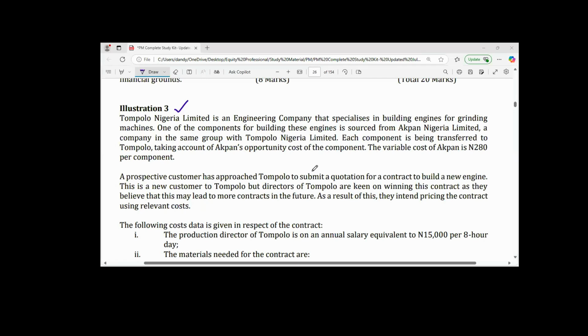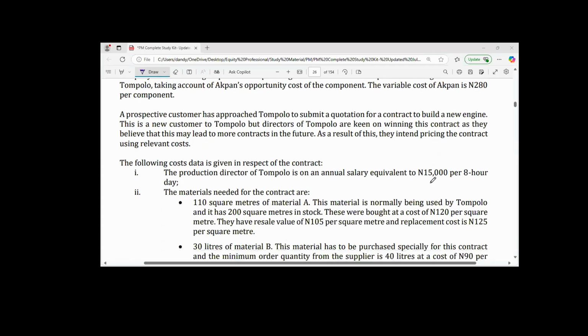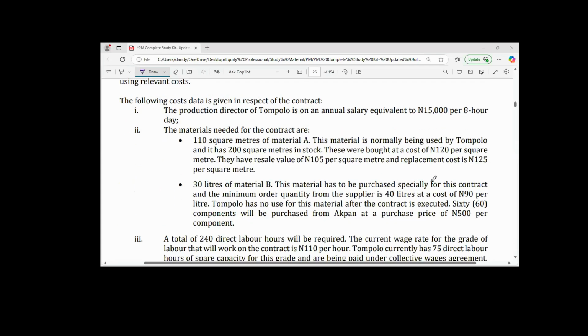As a result of this, they intend pricing the contract using relevant costs. The following cost data is given in respect of the contract. 1. The production director of Tompolo is on an annual salary equivalent to 15,000 naira per 8-hour day.